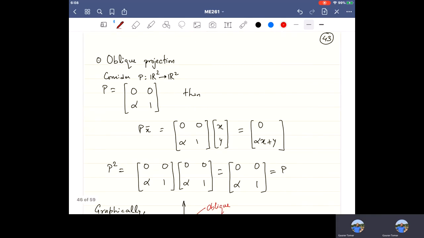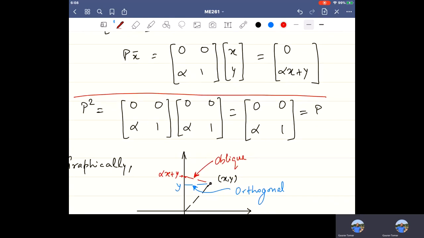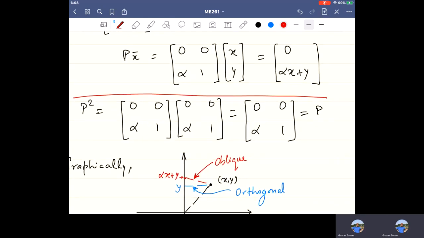Now you can have an oblique projection also. We'll consider this example where projection transformation P is from V to V, which is R square to R square, and we'll define it in this fashion: 0, 0 and alpha, 1. You can check when you do P square, as you have done here in this calculation, you get 0, 0, 0, 0. 0 into 0 is 0, and then this into this is again 0, so you get this 0.